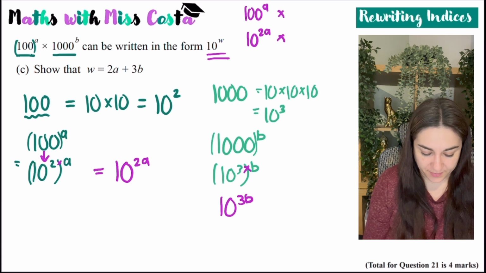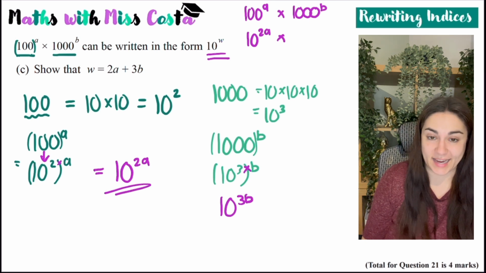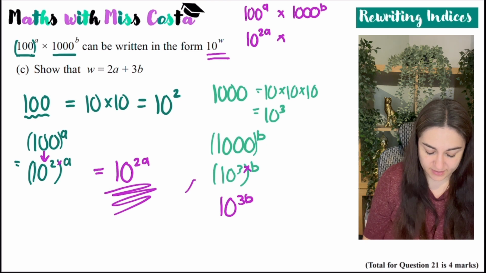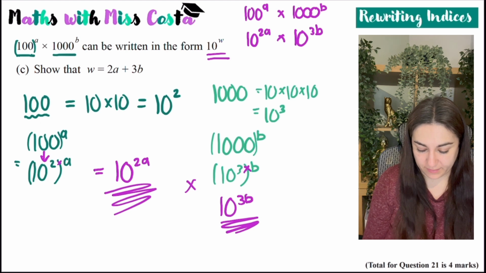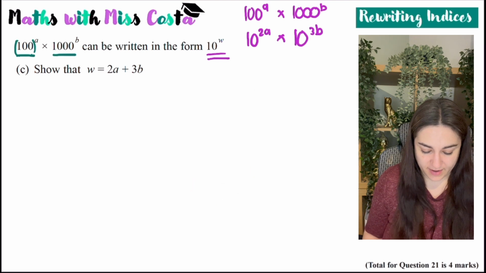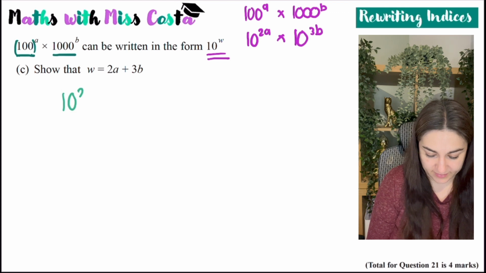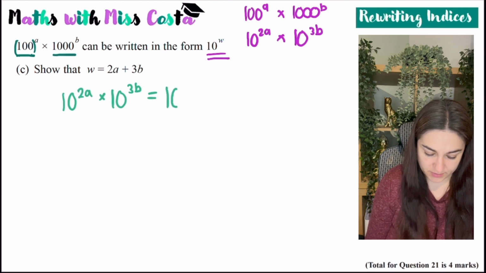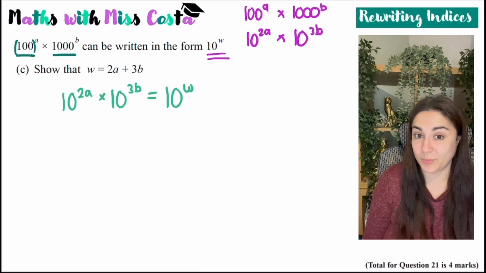So 100 to the power of a times by 1000 to the power of b is the same as saying 10 to the power of 2a, following this route, times by 10 to the power of 3b. So therefore, if I write that out like this, I know that 10 to the power of 2a times by 10 to the power of 3b is equal to 10 to the power of w, because what happens when you multiply indices?